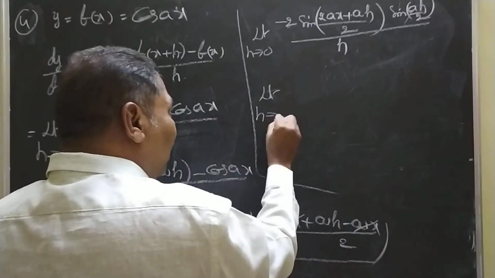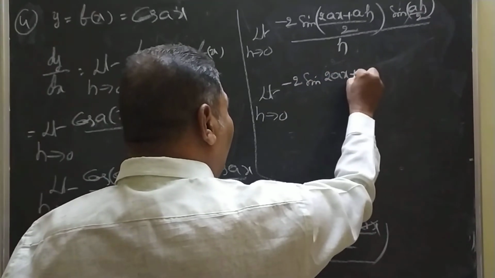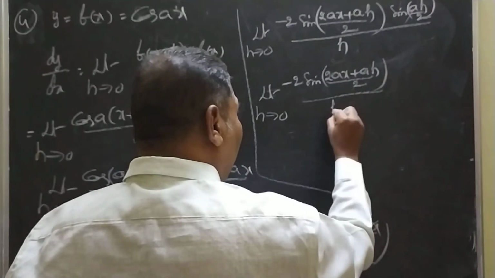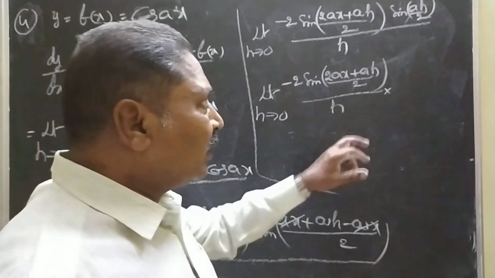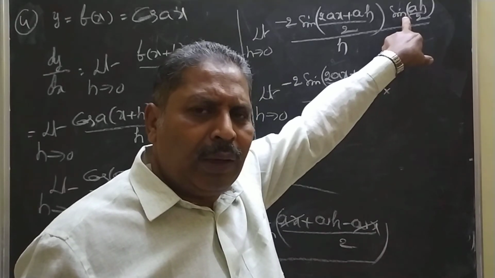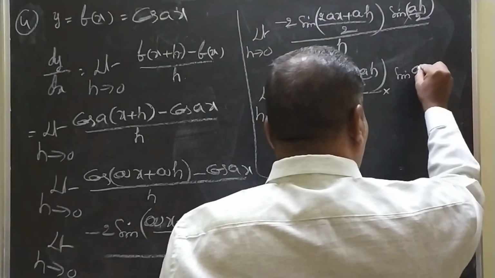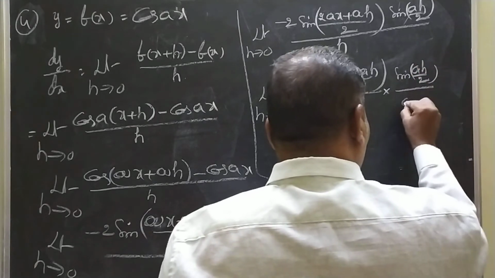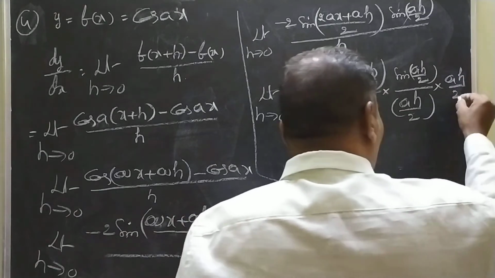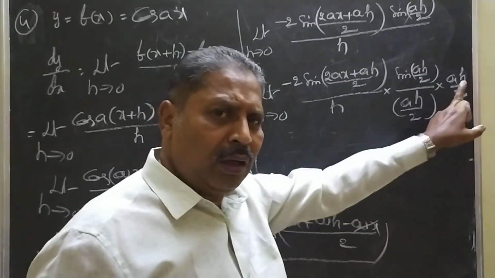Limit h tends to 0, minus 2 sin of 2ax plus ah by 2, into sin theta by h. So multiply and divide with theta, ah by 2: sin theta by theta into theta.